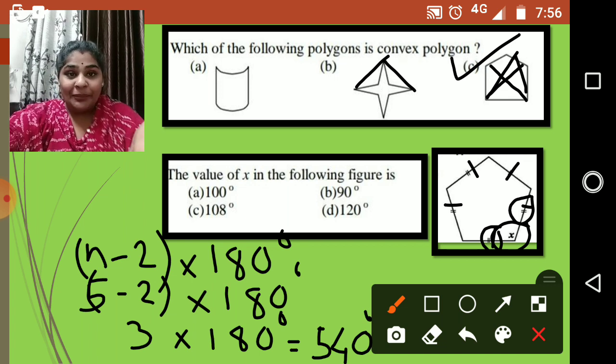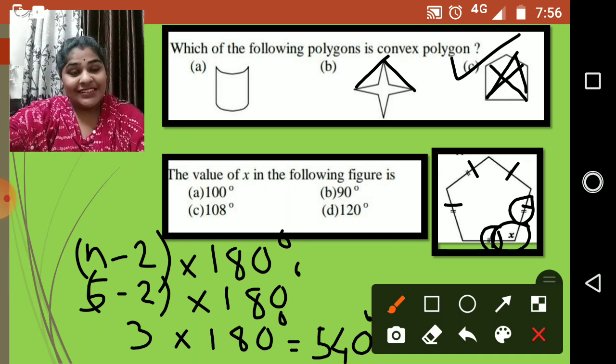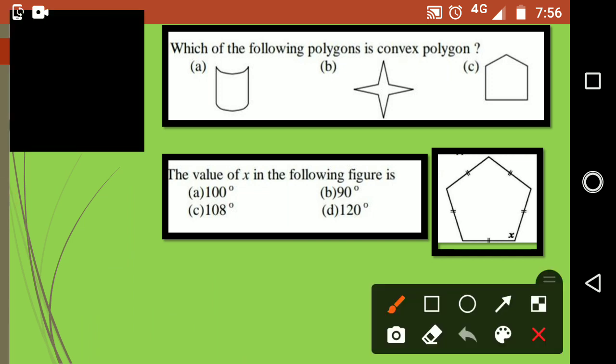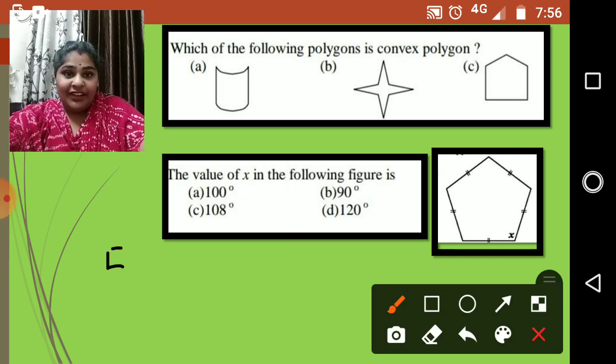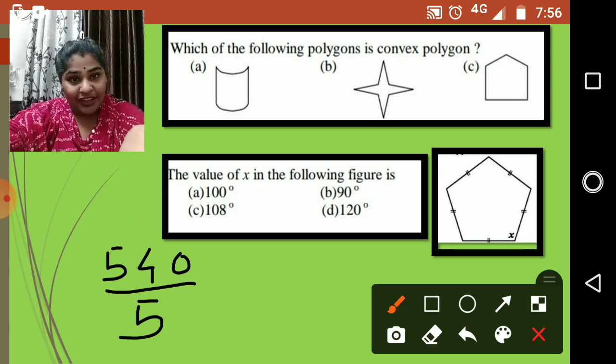540 degrees. Now I know the sum of all the angles in the given figure is 540 degrees. Next, what I am going to do is 540, that is the sum of the angles, divided by the number of angles, that is divided by 5.